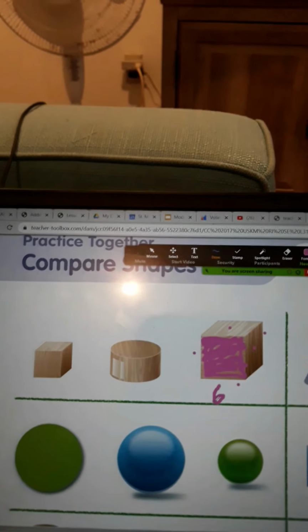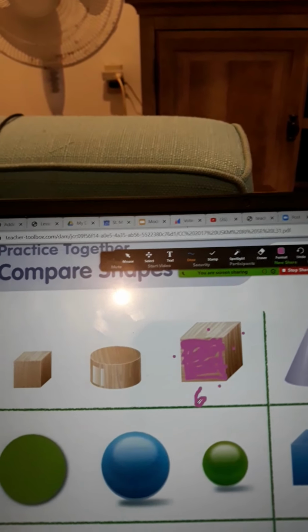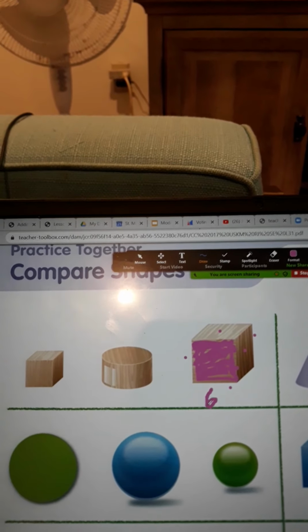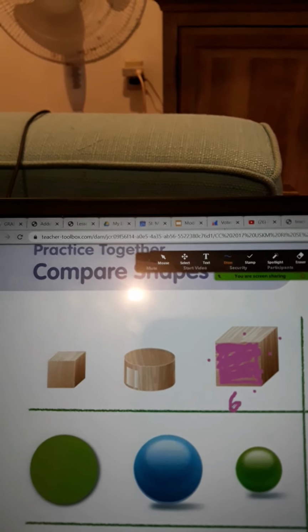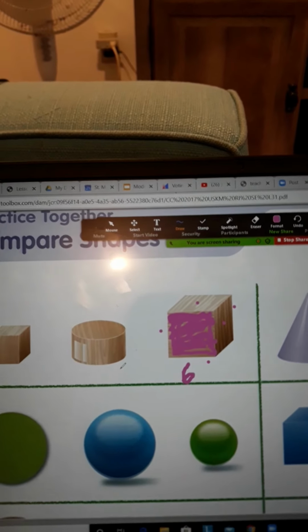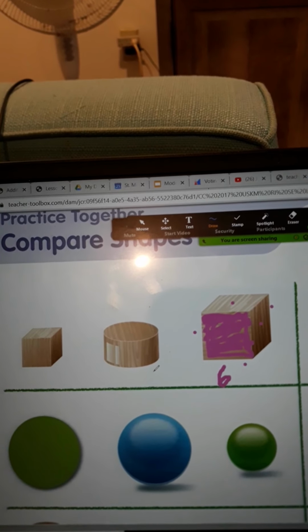You're going to need that for the following page, but it's a good thing to get started with it now and look at the different amount of faces, because you're going to have opportunities to look at more faces here than on the following page. Now let's focus on what it was asking. Which ones are solids and which ones are flat?